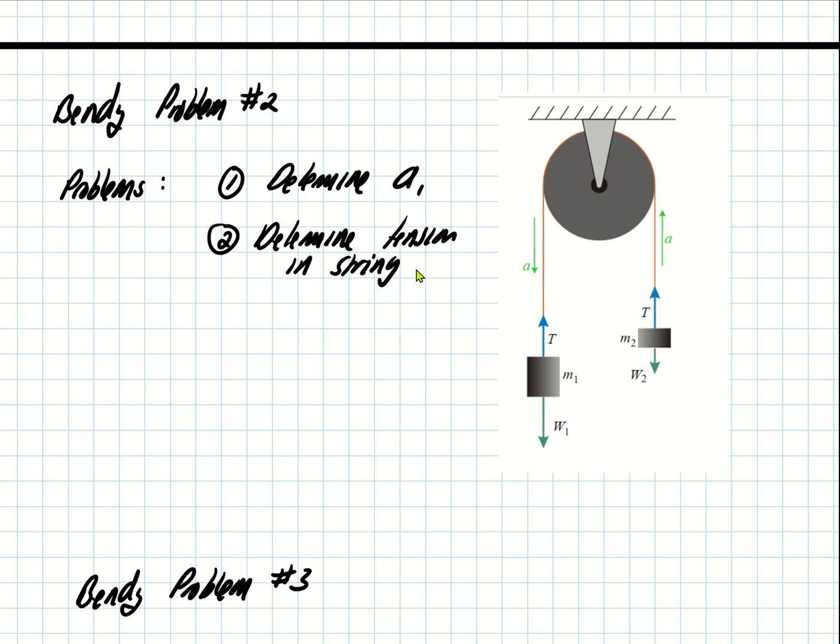We basically want to make the same points as we did in the previous one. Let's just assume for now that since it's a bigger block, mass 1 is bigger than mass 2. So again, you don't have to take physics to know that if there's no resistance to turning in this pulley, it's frictionless, and this weighs more than this guy, then this guy is going to accelerate downward, and this guy is going to accelerate upward.